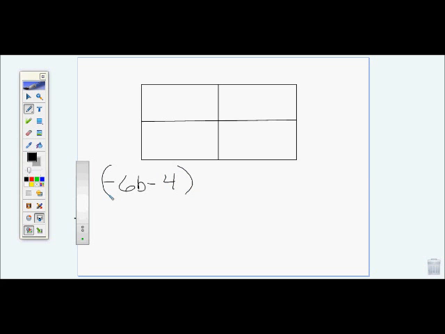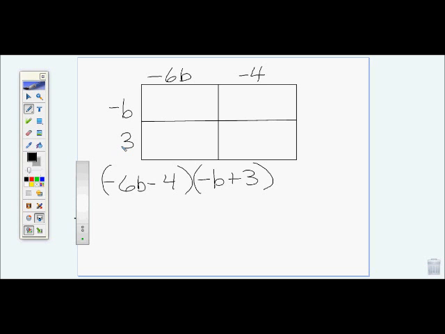And I'm going to multiply it by negative b plus 3. I'm going to set up my table. I'll put this term up on the top. I'm going to separate my binomial into two different terms, negative 6b and negative 4. And then my other binomial would be a negative b and a positive 3.